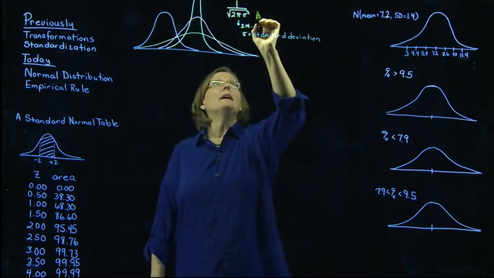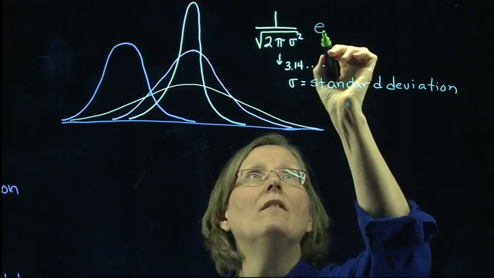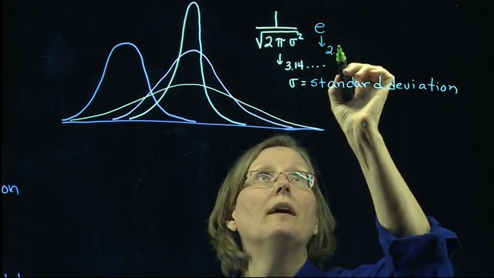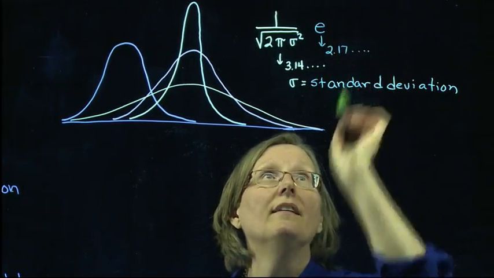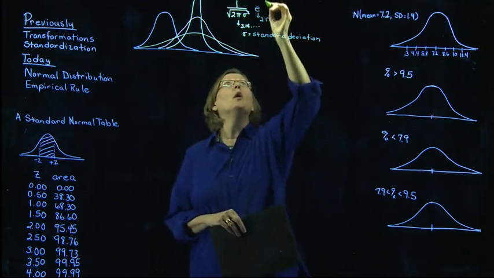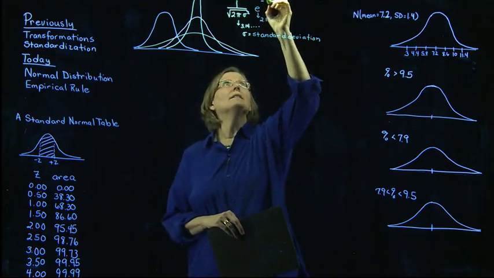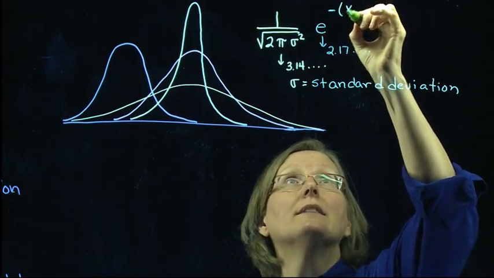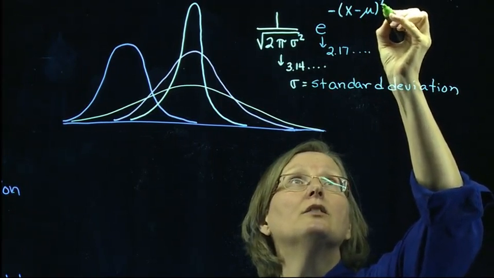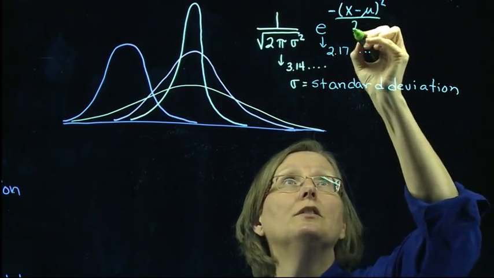The second piece is e, which is another constant, 2.71... So it's just a constant, but we represent it by e, raised to the power minus our variable x minus mu, the quantity squared, over 2 sigma squared.